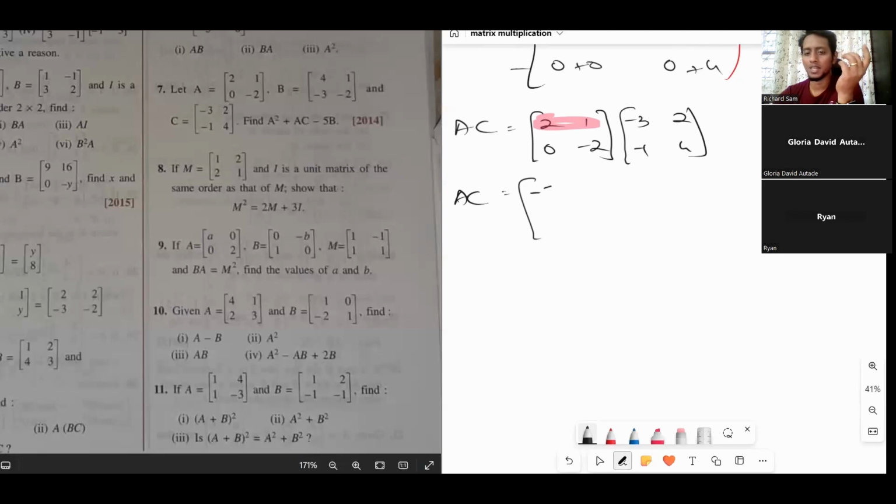So that is -7. Then first row into second column. 2 2s are 4. 4 plus 4. That is 8. Next, second row into first column. So 0 and here plus 2. So 0 plus 2, 2. Correct? And then second row into second column. So 0 into whatever, 0. And then your -2 into 4 is -8.